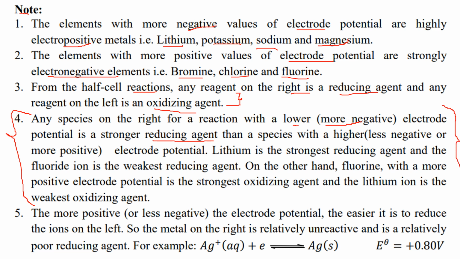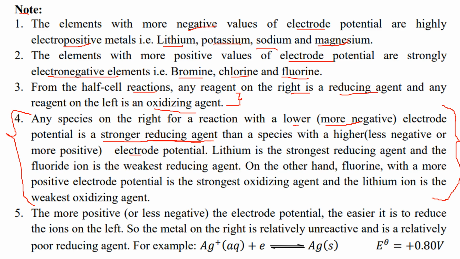Also in paper 2 we bring such questions under mixed questions which require you to explain. So here, the more negative the electrode potential or the reduction potential of any element, the stronger the reducing capabilities for it, and you should underline that, though I forgot to bold it, than any other species with a higher or a less negative electrode potential.